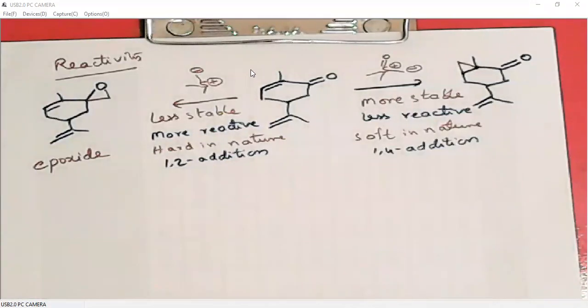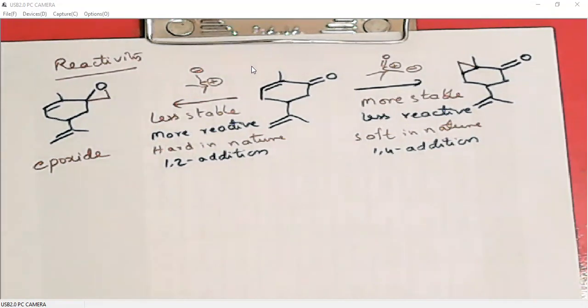So dimethyl sulfonium methylide is less stable, so it is more reactive. That means it is hard in nature. A hard nucleophile will undergo 1,2 addition when added to an alpha beta unsaturated carbonyl.